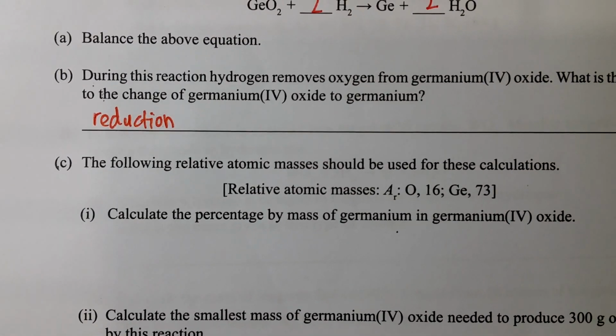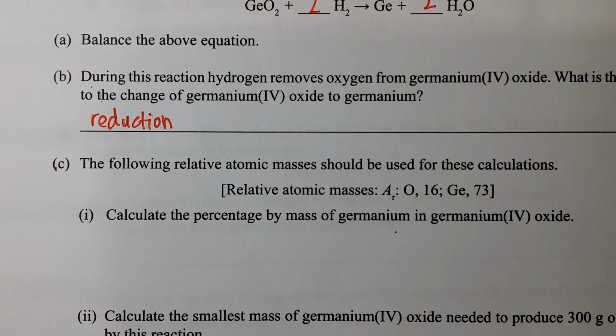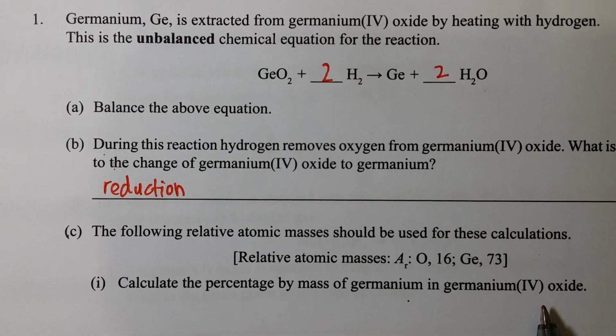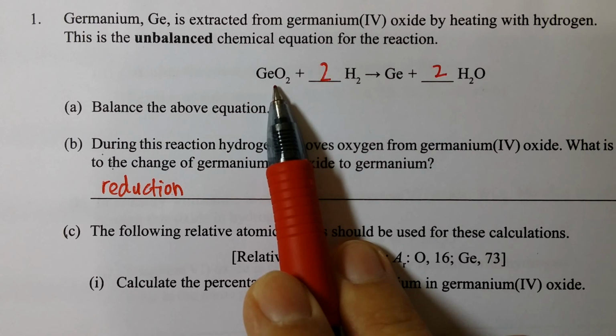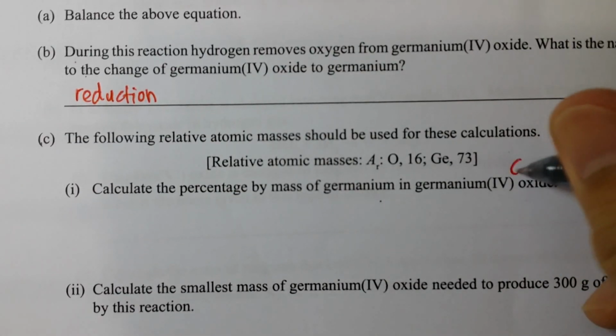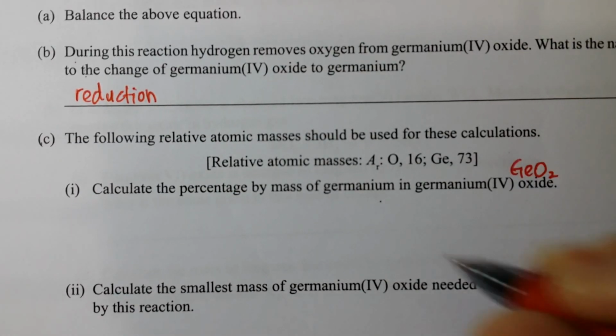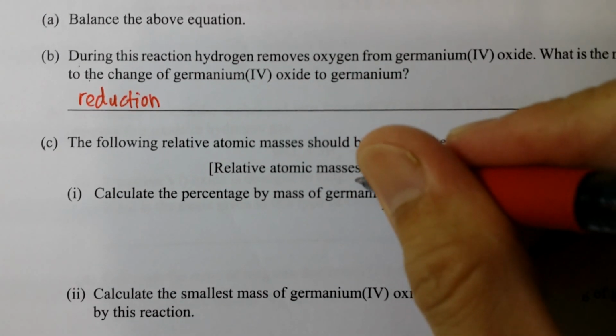the following relative atomic masses should be used for these calculations. Calculate the percentage by mass of germanium in germanium(IV) oxide. So germanium(IV) oxide is actually GeO2, and germanium of course is Ge.